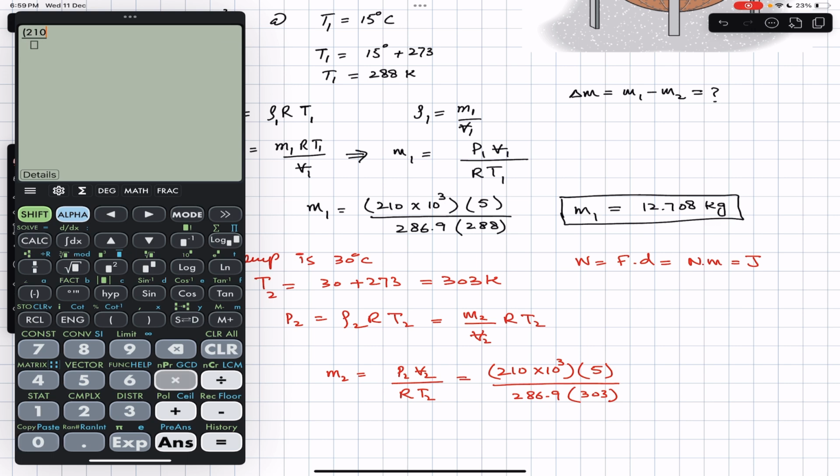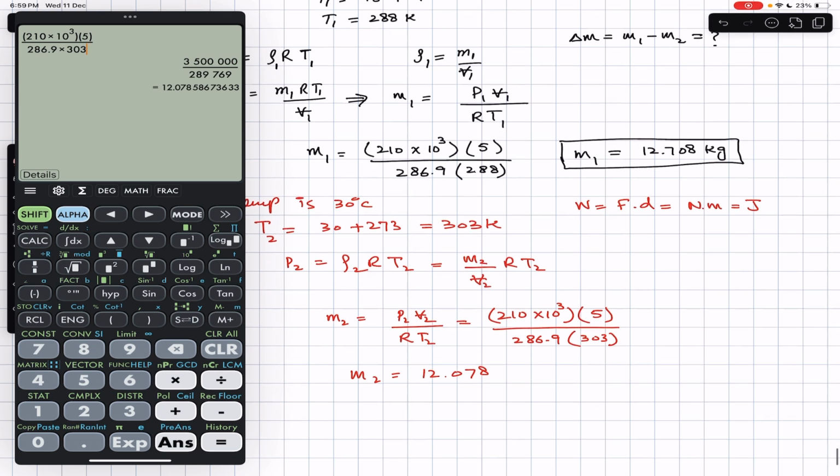So 210 into 10 raised to the power 3, multiplied by 5, divided by 286.9, divided by 303. This gives me 12.079, approximately.